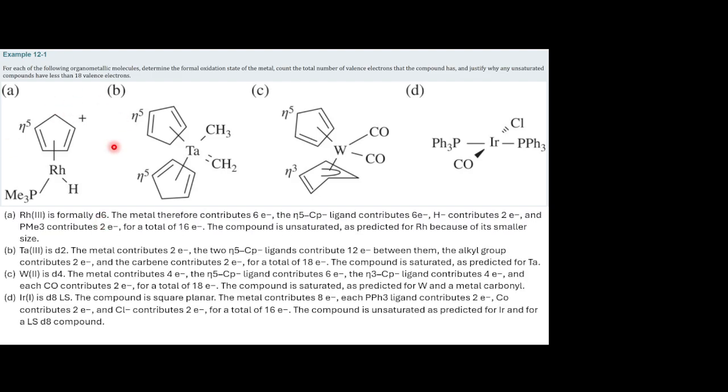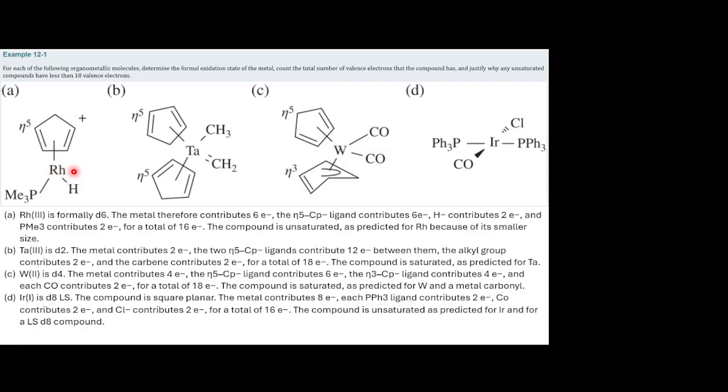All right, so the first one here. This is formally going to be a 6. What you see here is you have to total up your charges, of course. And so this one here is going to contribute 6 electrons. If we look at that periodic table up there, we'd have 6 left.